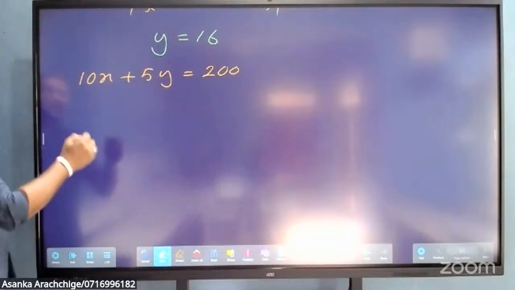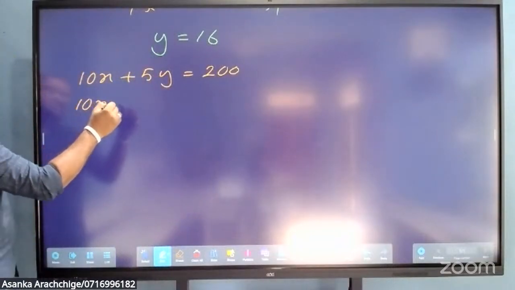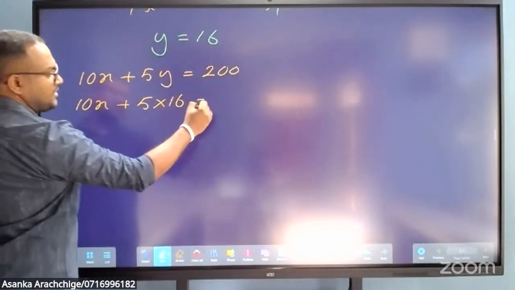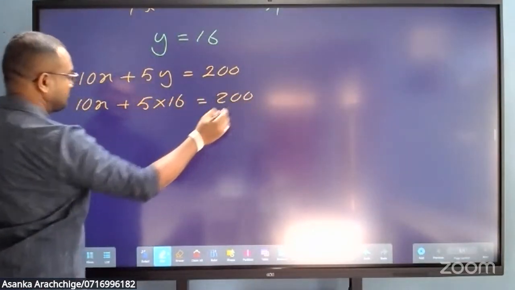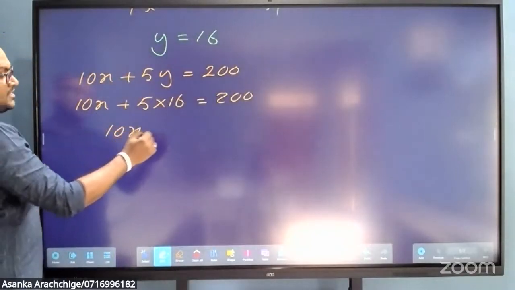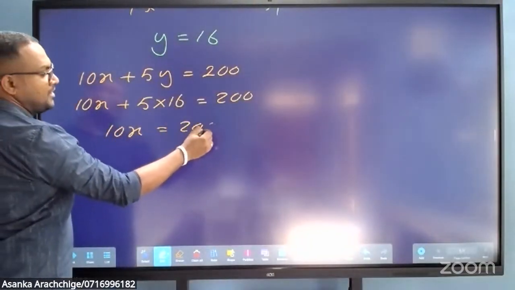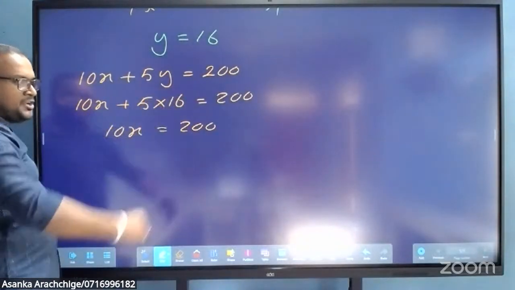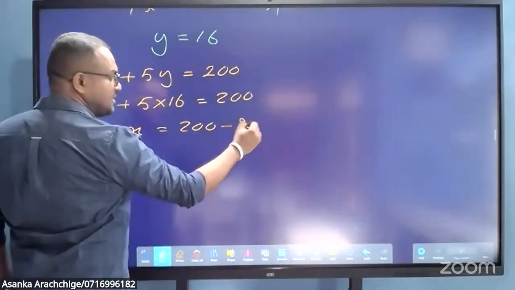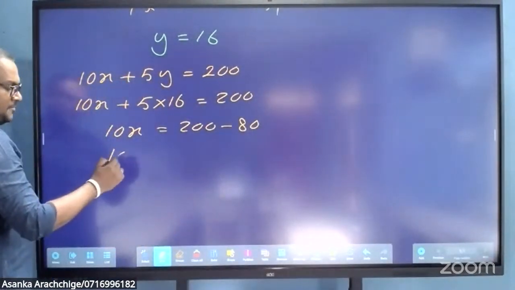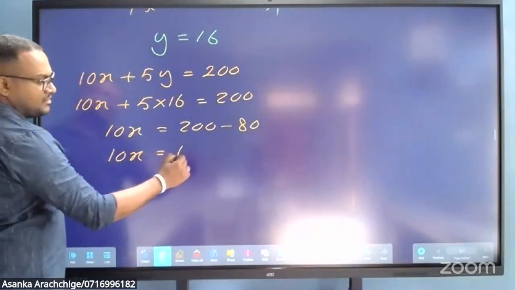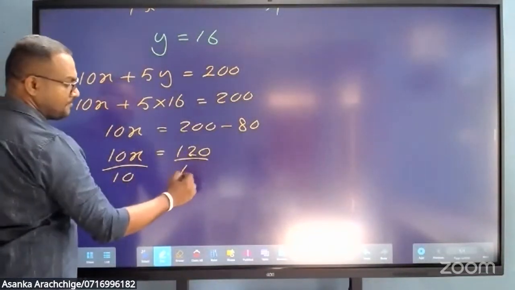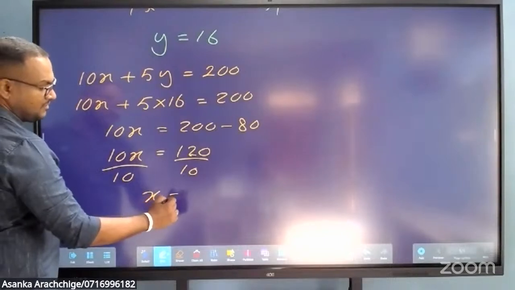Now you can find the value of x. 10x plus 5 times 16 is equal to 200. 5 times 16 is 80. Take 80 to the other side as minus 80. Then 10x is equal to 120. Divide by 10. X is equal to 12.